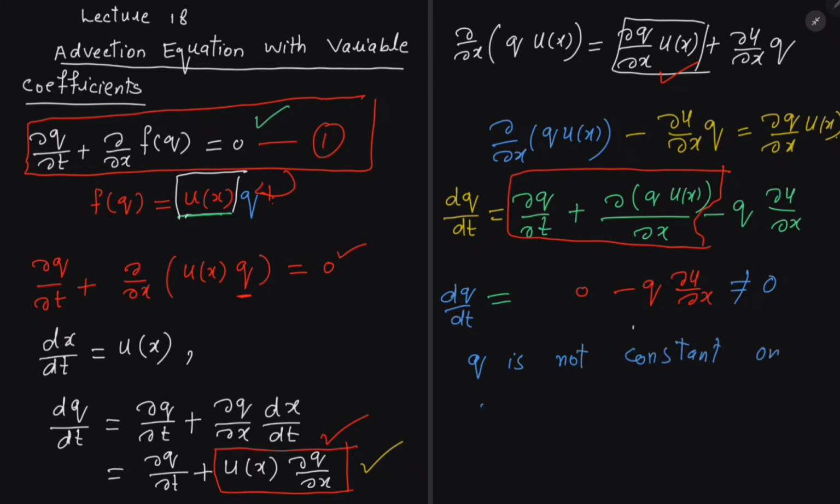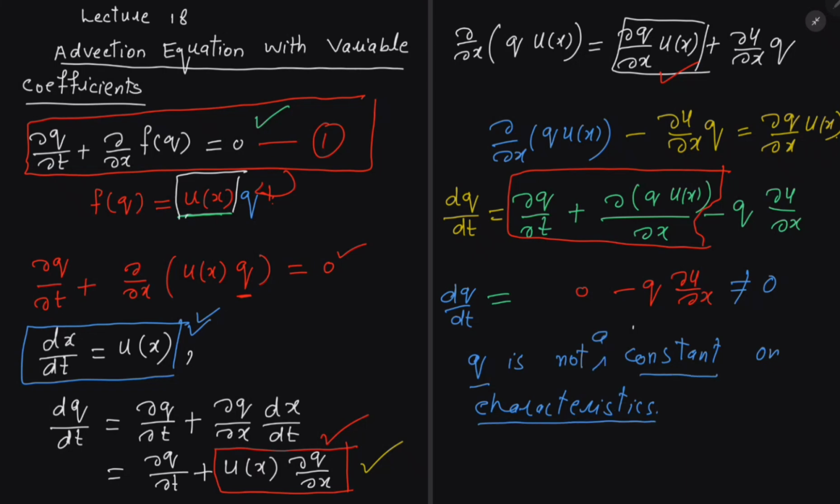So we can say that q is not constant on characteristics. We get the characteristics from dx by dt equal to u of x. Remember that whenever you are asked to find the characteristics, you should use this equation. Here we conclude that q is not constant on the characteristics.